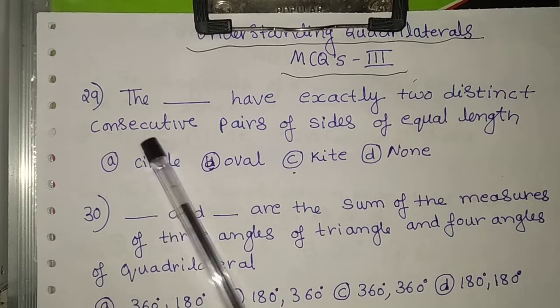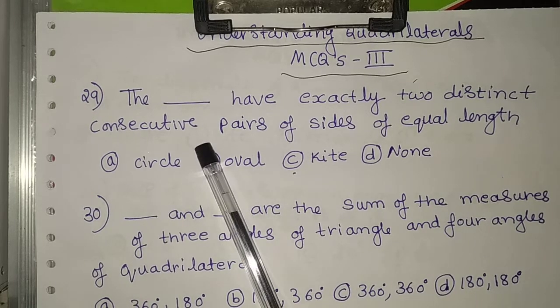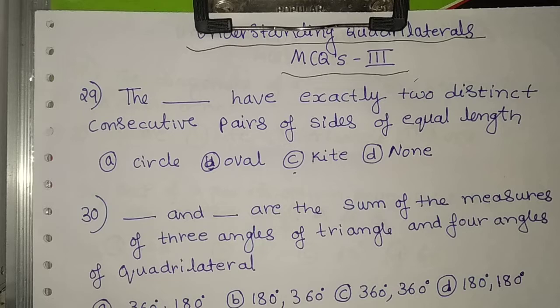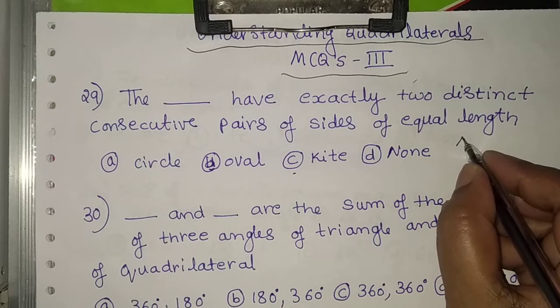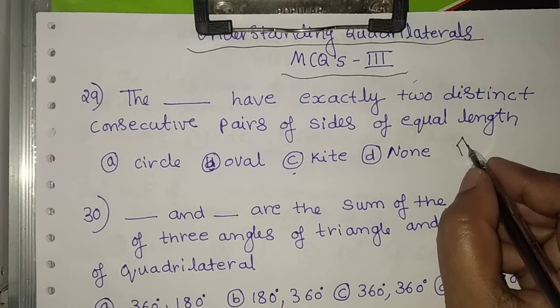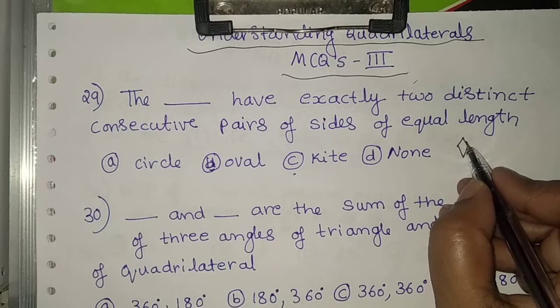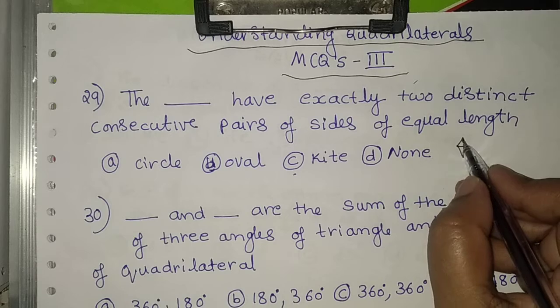The first one is: the dash has exactly two distinct consecutive pairs of sides of equal length. So here, as we know, this is the kite, so it has two consecutive pairs of sides and two diagonals.